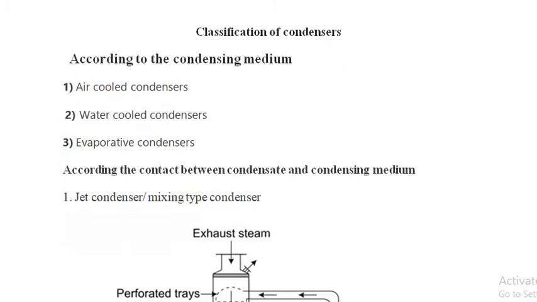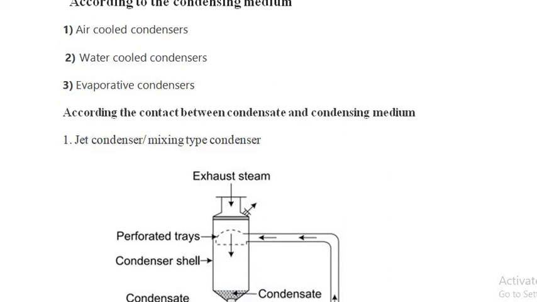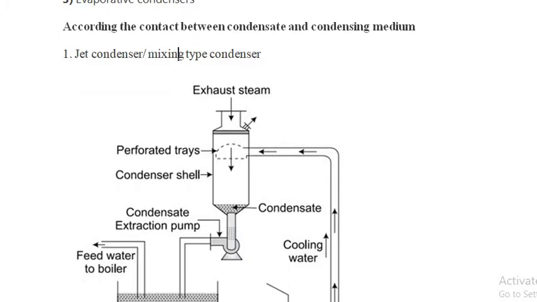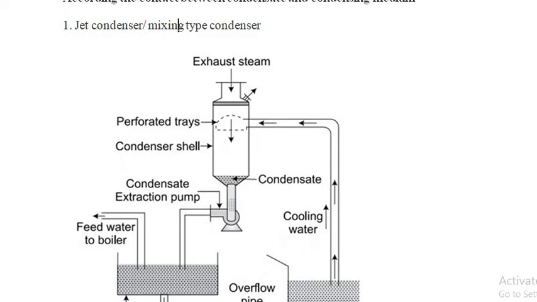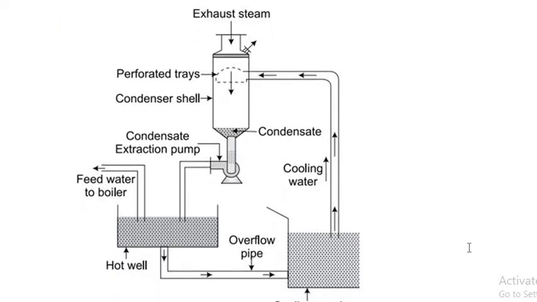The next classification is according to the contact between the condensate and the condensing medium. According to this, we have the jet condenser and the mixing jet condenser. You can see the picture of the jet condenser and mixed jet condenser. Here you can see the exhaust steam.